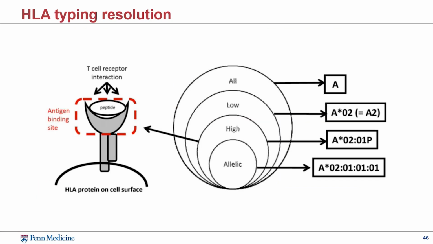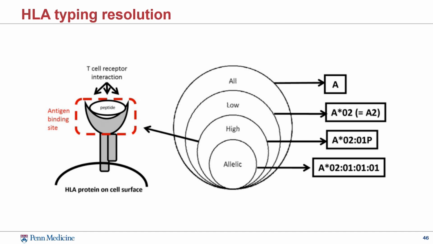One of the other things that happens is because HLA is so polymorphic, because there are so many different HLA alleles in the human population, it's not always possible to know the exact HLA allele that a patient has or a donor has, for example. Sometimes all we can do is know what's called low resolution. And the idea here is if we are to type somebody to low resolution, that's essentially equivalent to knowing their first field.